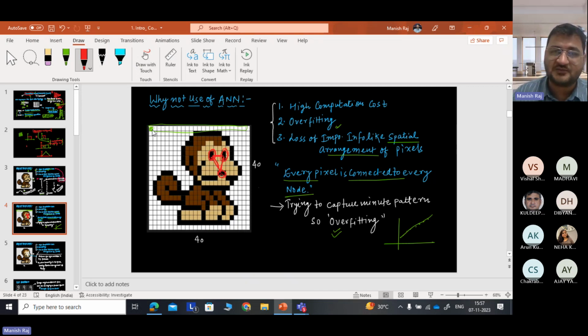Sometimes if you convert this part into flattened form, in the Keras library you will find the word Flatten, it converts the picture into nodes like this. When you convert every pixel into a flattened form, the spatial arrangement of the eyes or mouth may not remain the same. So that is the third problem when you are working with images: the spatial arrangement of the pixels should be preserved, because these are the features. Every time you have to work on that.